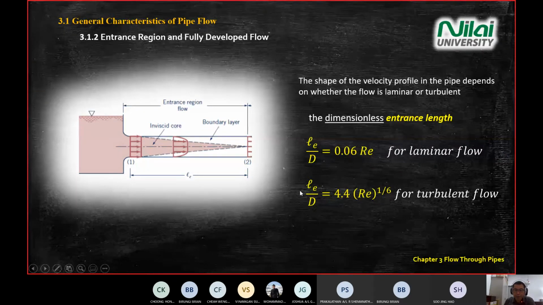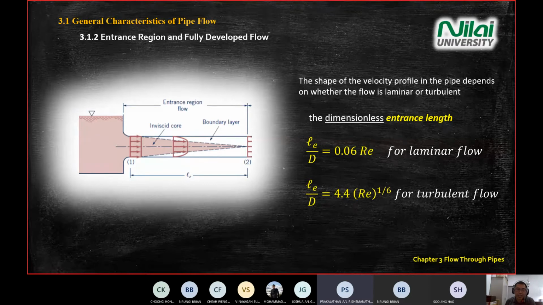This equation also, right? This L_E means the length that you need to get turbulent flow, or the diameter of the pipe that you need to get turbulent flow. Because in engineering, sometimes you need laminar flow, sometimes you need turbulent flow. It depends on the operation that you need. Okay. So these two are also very important equations.